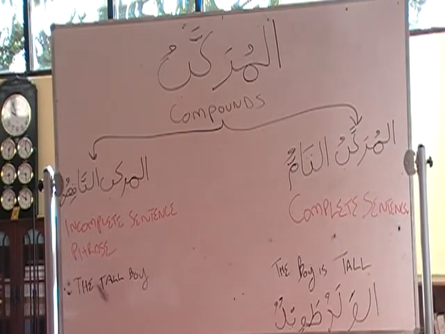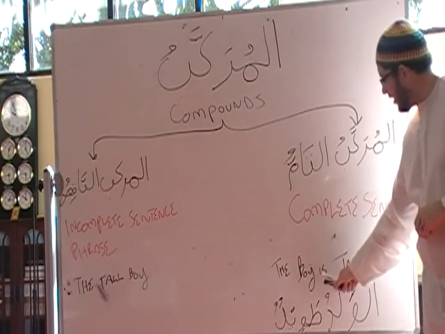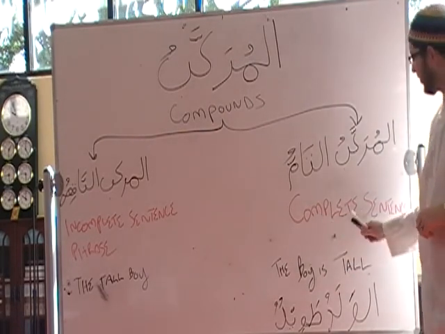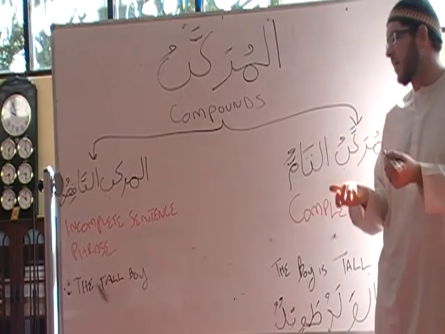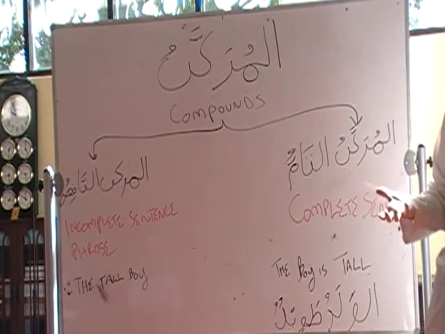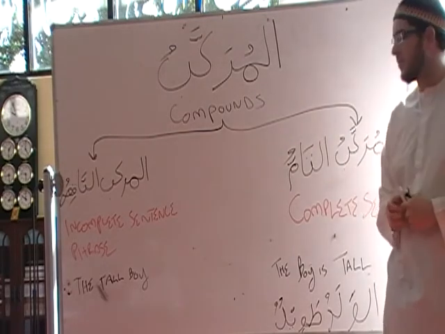الولد طويل. There is a way to identify what makes a complete sentence and what doesn't. But as we said before, in the Arabic language there is no word "is" to be used in a sentence.